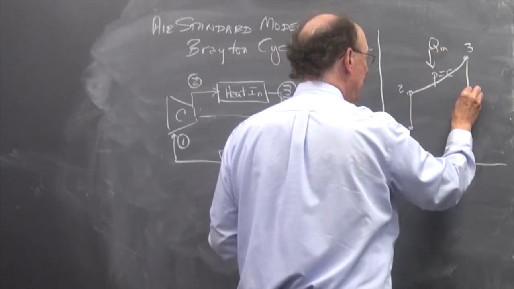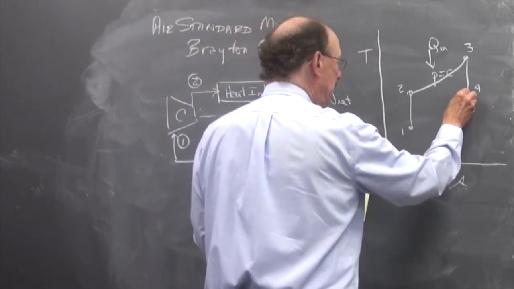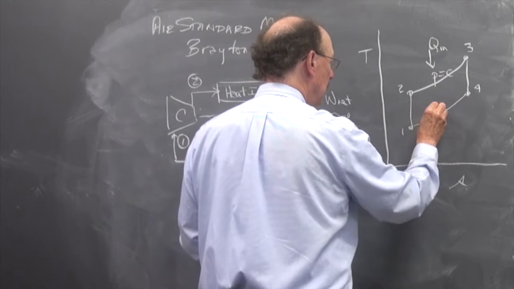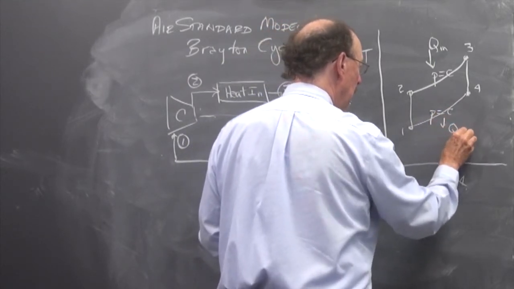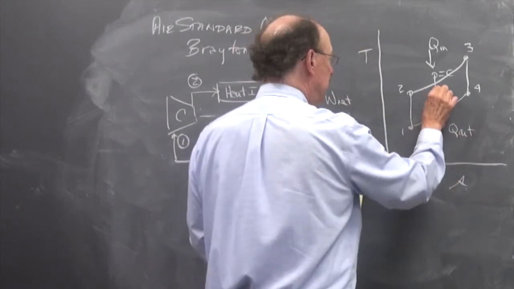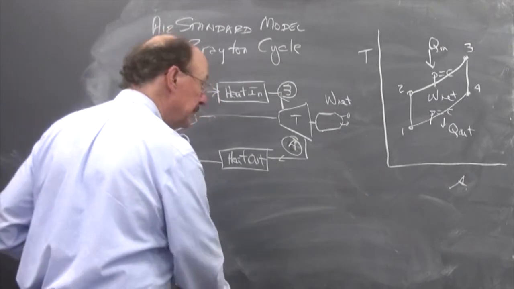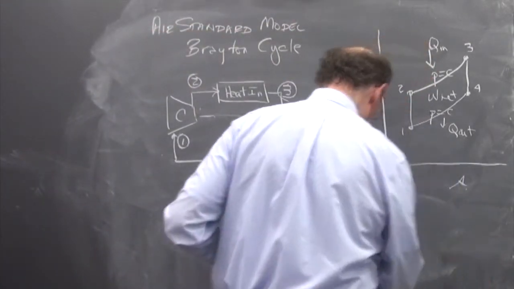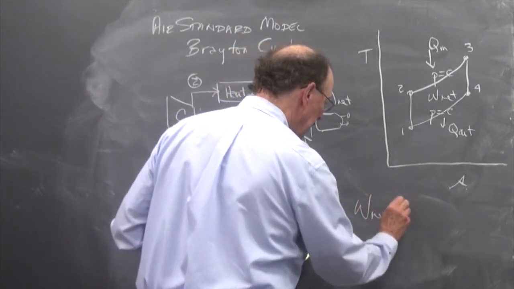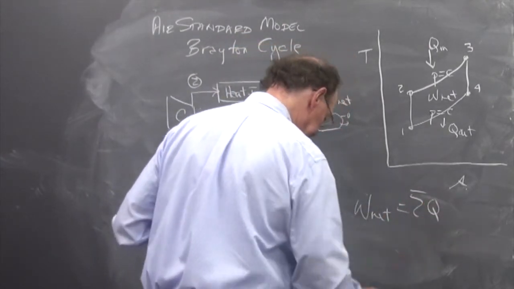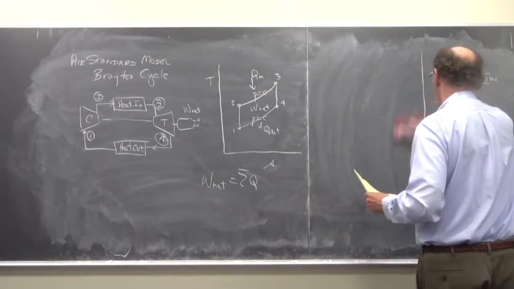We have isentropic expansion 3 to 4, and then we have P equals C, heat out. And this is your net work. So we have the net work is there. And as you remember, that W net is equal to the sum of Q. So for any cycle, we can say that.